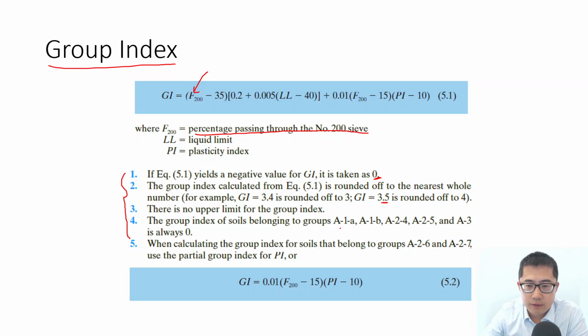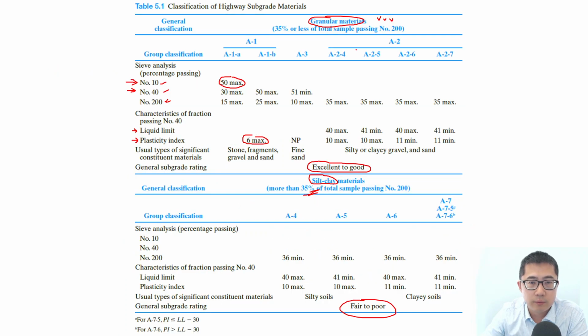Next one is if you have pretty competent soil. If you have A1A, A1B, A24, A25, and A3, your group index is always going to be 0. So if we come back to this, if you have A1A, A1B, all pretty nice, good material, A3, A24, and A25, anything here, their GI is always going to be 0.